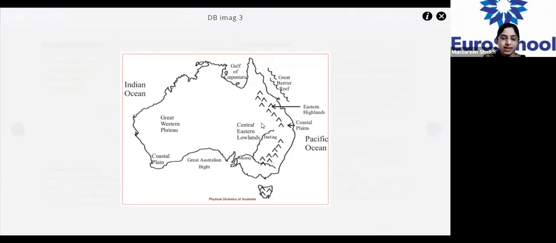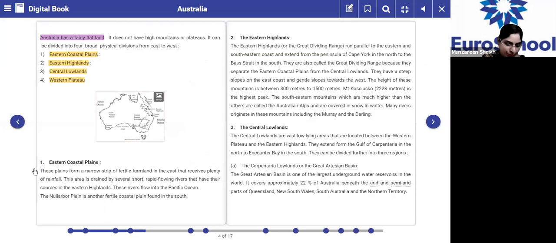Now, let us study about the Eastern Coastal Plains in detail. These plains form a narrow strip of fertile farmland in the east that receives plenty of rainfall. If you will see the picture given even in your textbook, can you see how a narrow strip is formed on these particular plains?